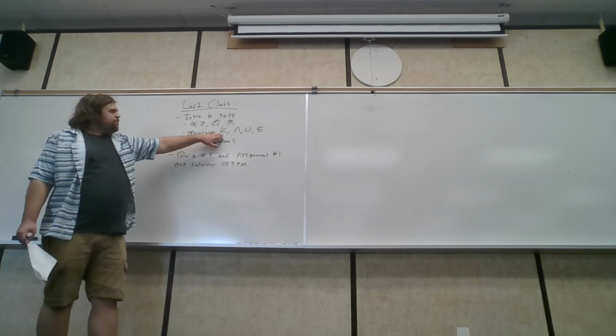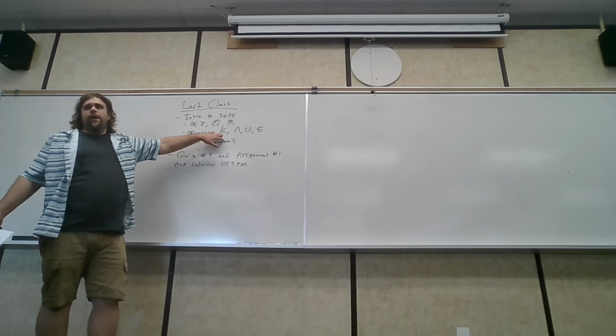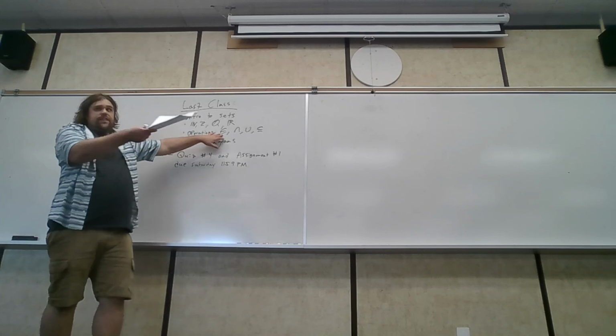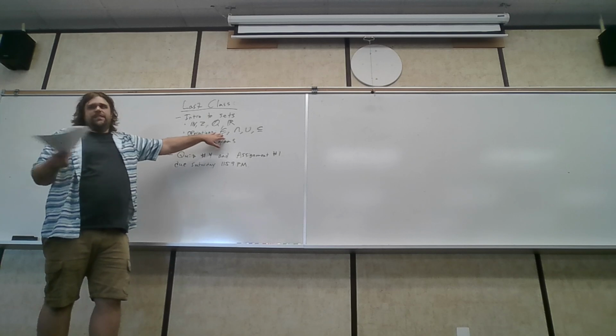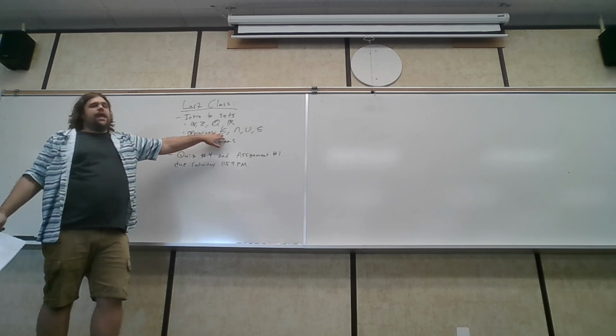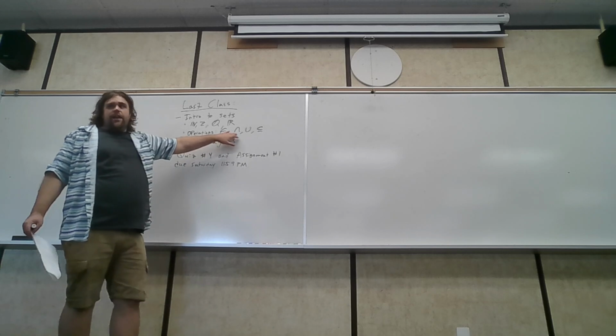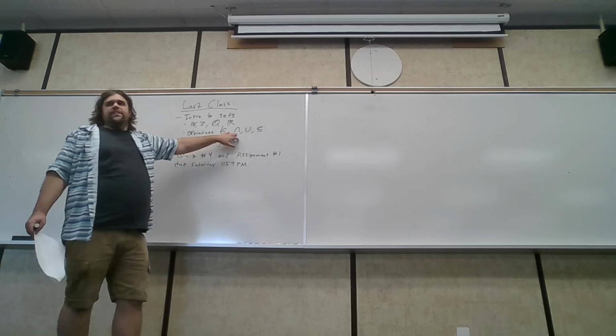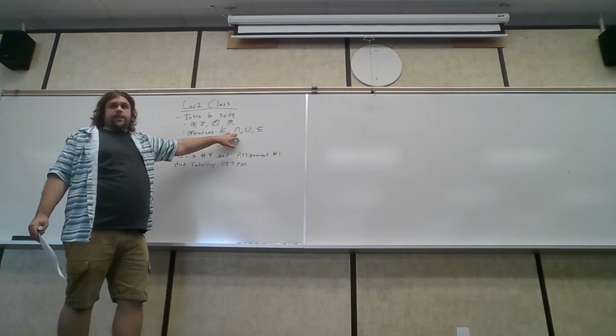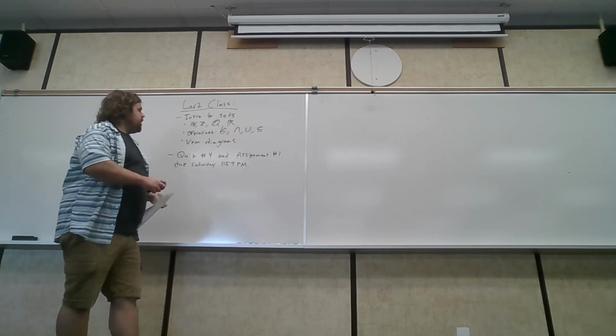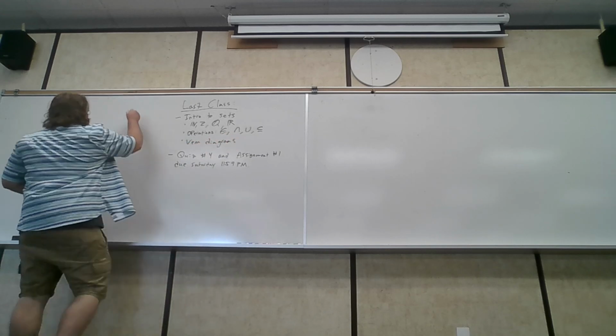This symbol here means belongs to or in. So this symbol, a is a member of the set A. This is intersection, so you can think of it as and. So it's what do these two things have in common? That's what the intersection is. So we have this Venn diagram too.